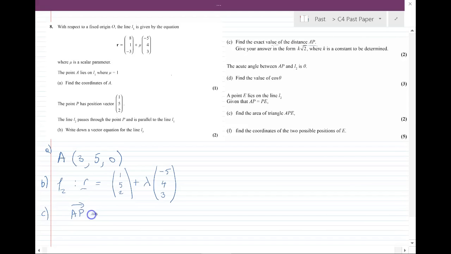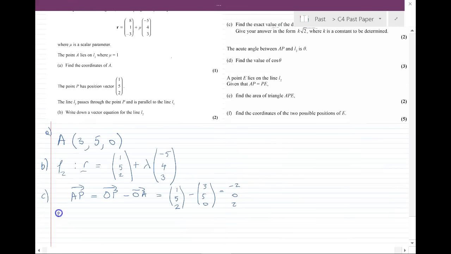The vector AP is the same as the vector OP take away the vector OA, and the vector OP of course is 1, 5, 2. And the vector OA, A is this point here, so let's take away 3, 5, 0. So that makes minus 2, 0, 2.